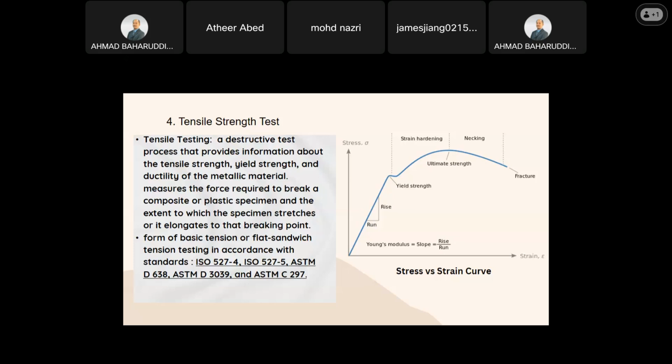So for the testing, we will follow the accordance ISO 5274, ISO 5275, ASTM D638, ASTM D3039, and ASTM C297. And we show the graph here, which is the stress versus strain curve.